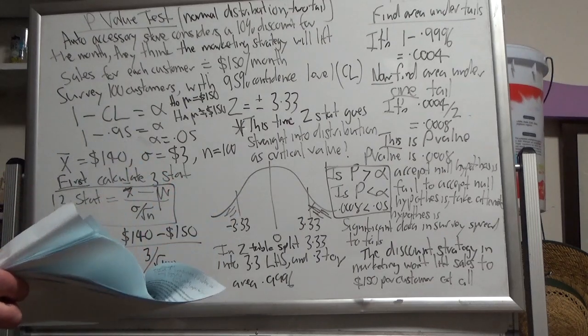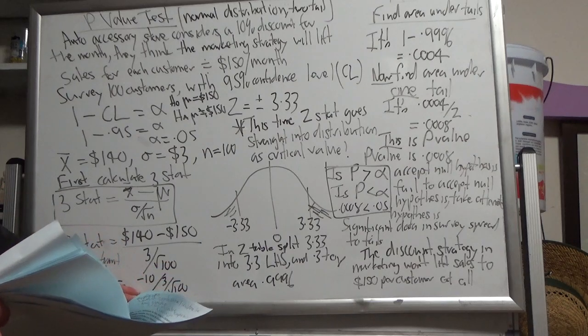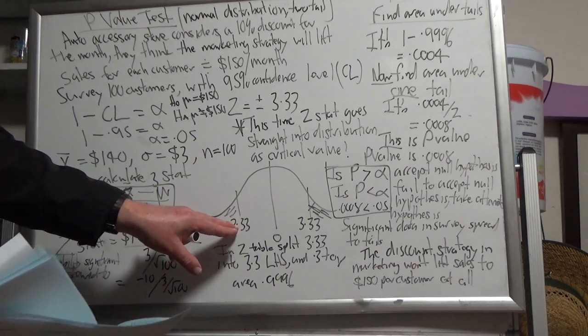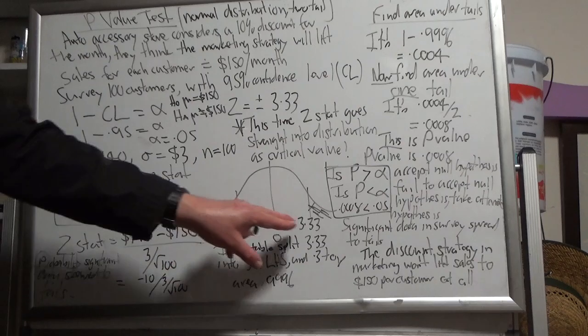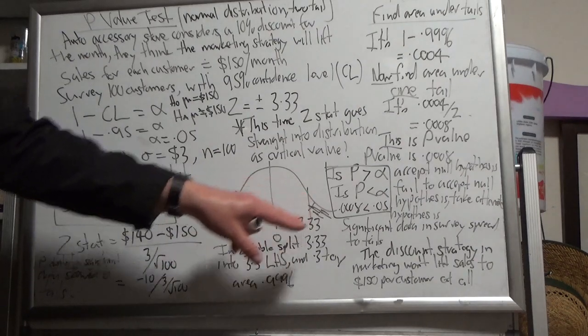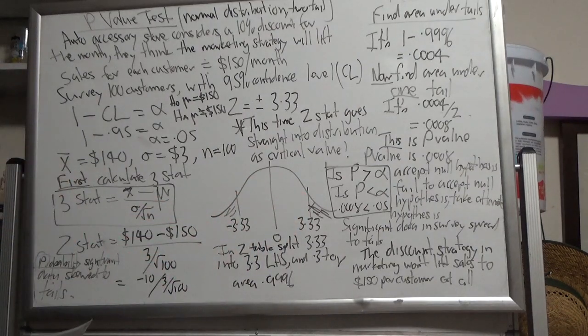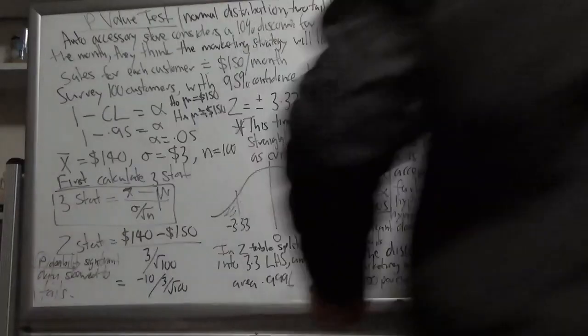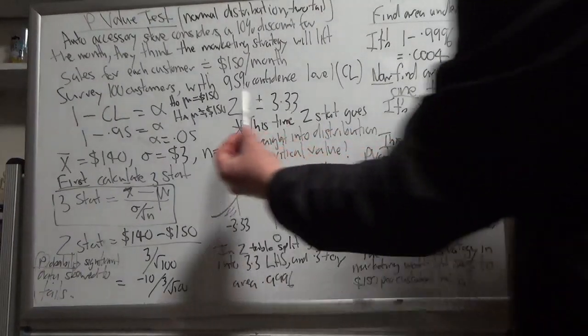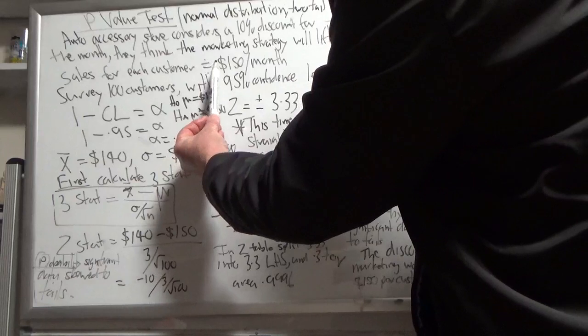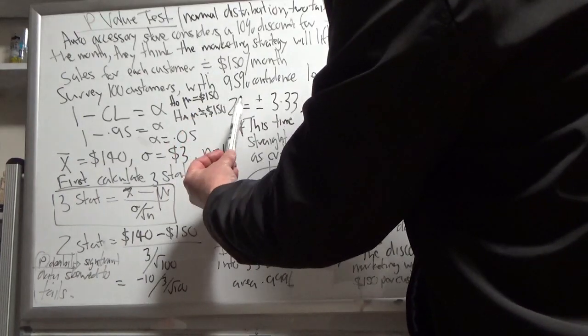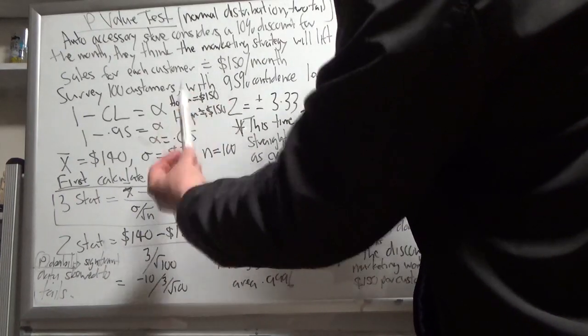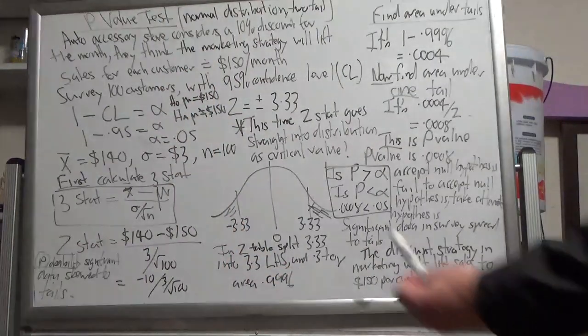Now we got that negative 3.33 in our Z statistic, 3.33 positive there, and now what you've got to do is go to the Z table, because this is normal distribution. n is 100, which is greater than 30, so it's just normal distribution.